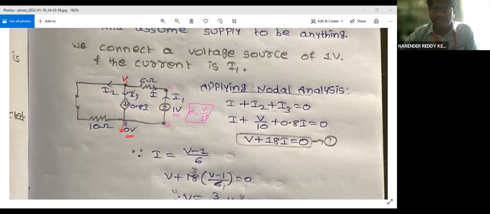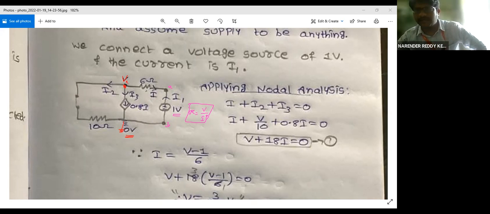And assume that the currents are leaving the node here. Let me give some labels: I2, I3, and I. All the currents are leaving the node, which means the addition of all these will be equal to 0.